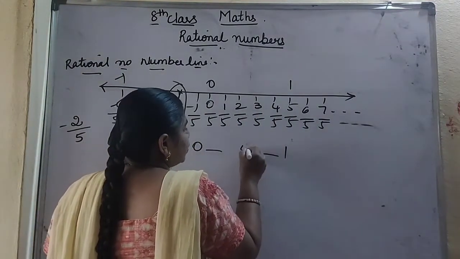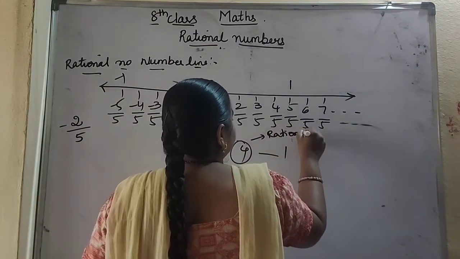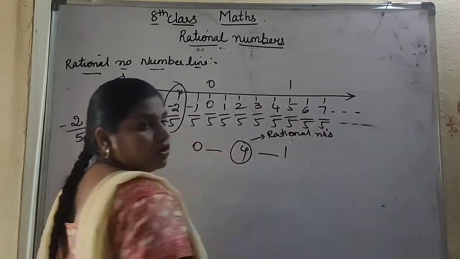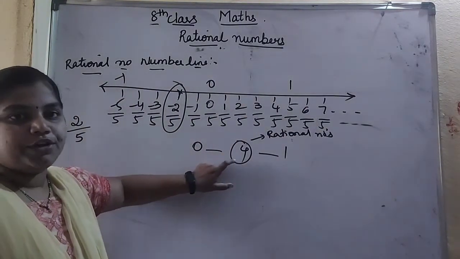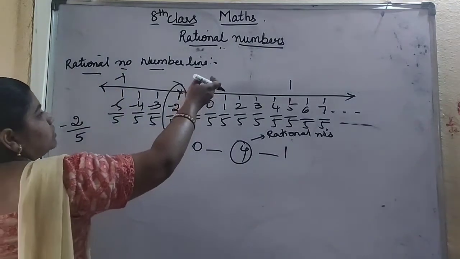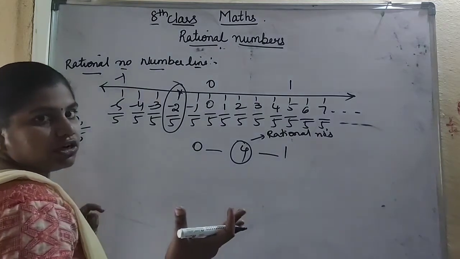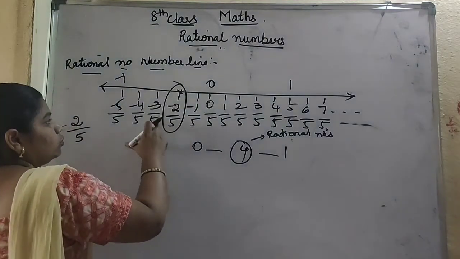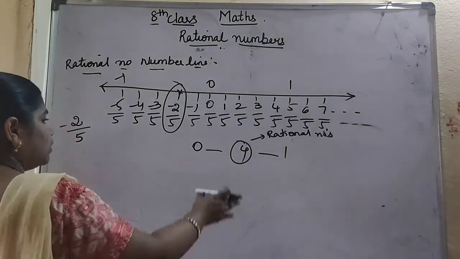So in this case, we have 4 different rational numbers. If you compare from 0 to minus 1, between 0 and minus 1 also, how many different rational numbers do you have? 1, 2, 3, 4. So here also you have 4 different rational numbers. Just remember this.